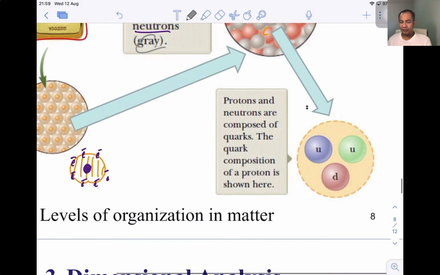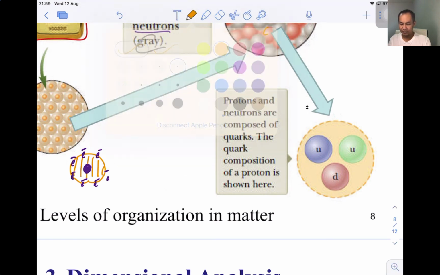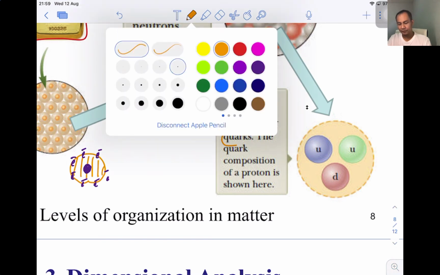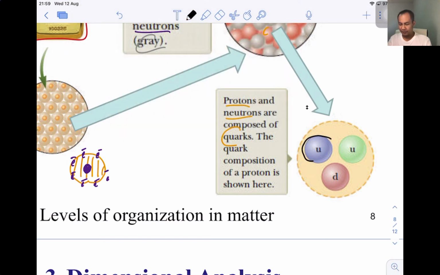As I mentioned before, physicists now know that inside a proton or neutron they are composed of quarks. We have 3 quarks in one particle, U maybe from up, and down.